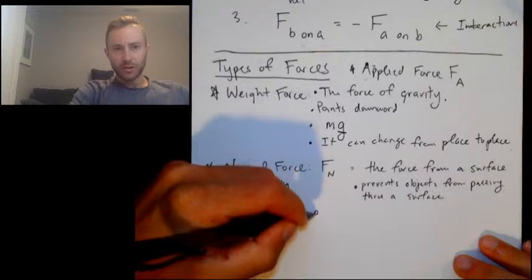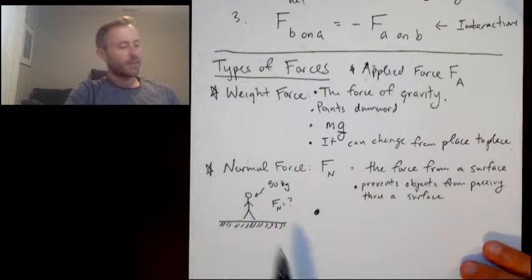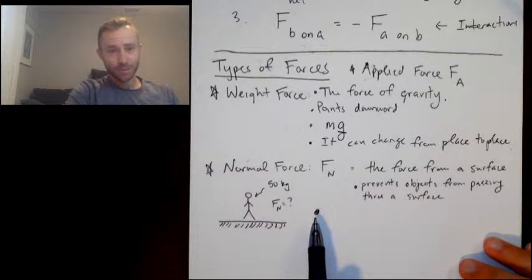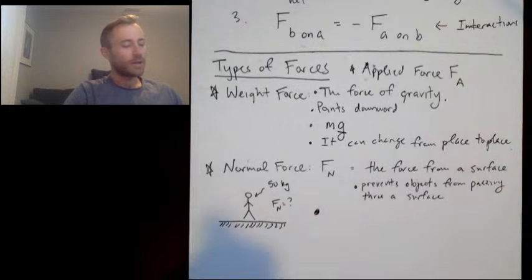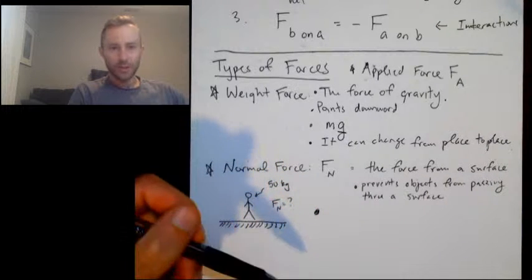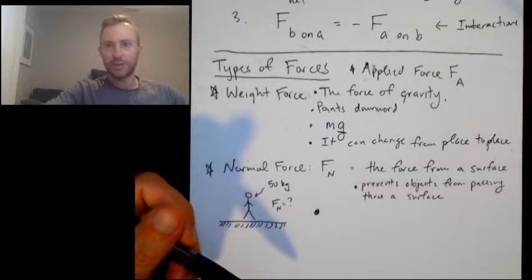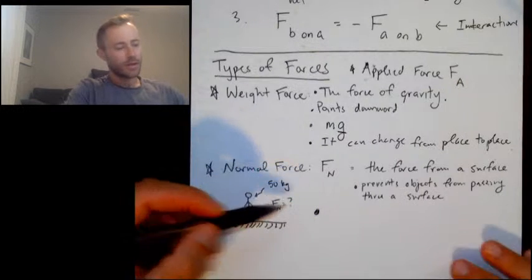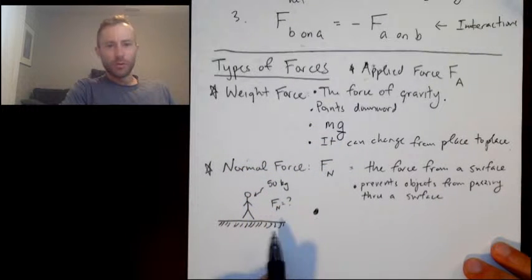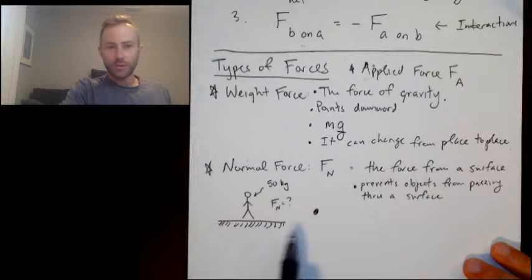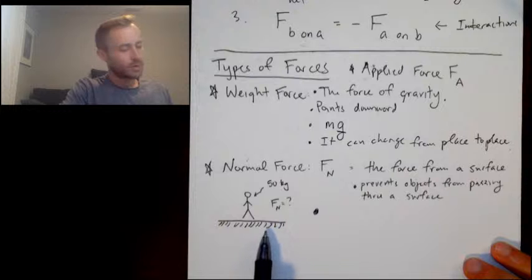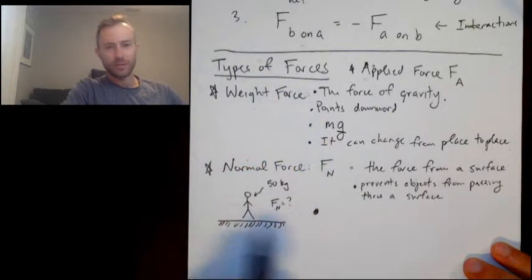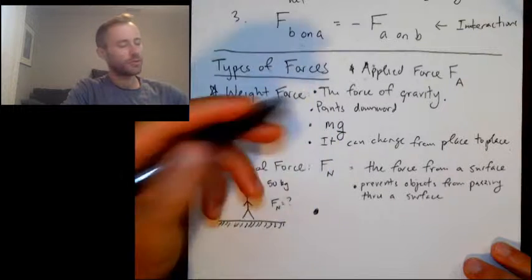Well, I'm going to draw what's called a free body diagram. A free body diagram means representing the object as a dot, and we draw arrows where each arrow represents a force acting on the person or the object. The normal force always points away from the surface, so if the surface is like this, away from the surface would be directly upward.